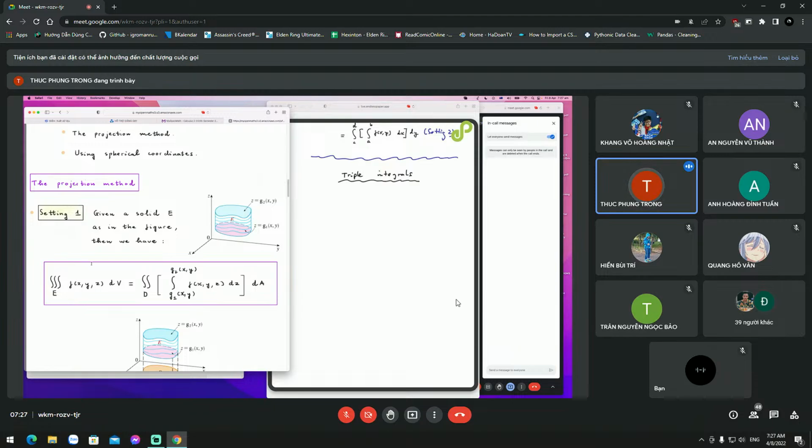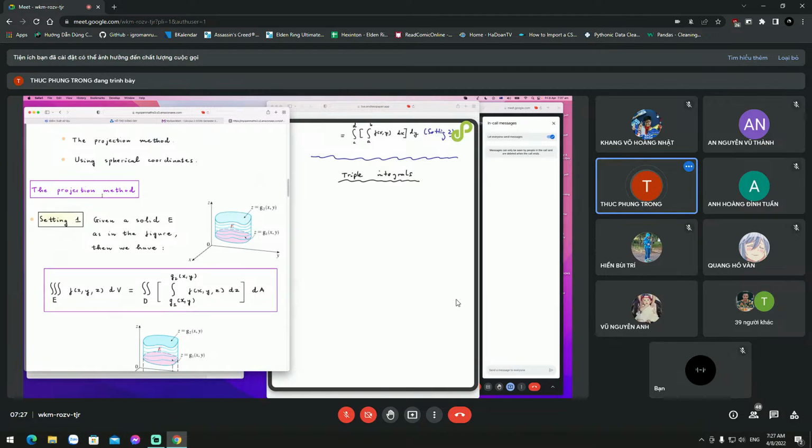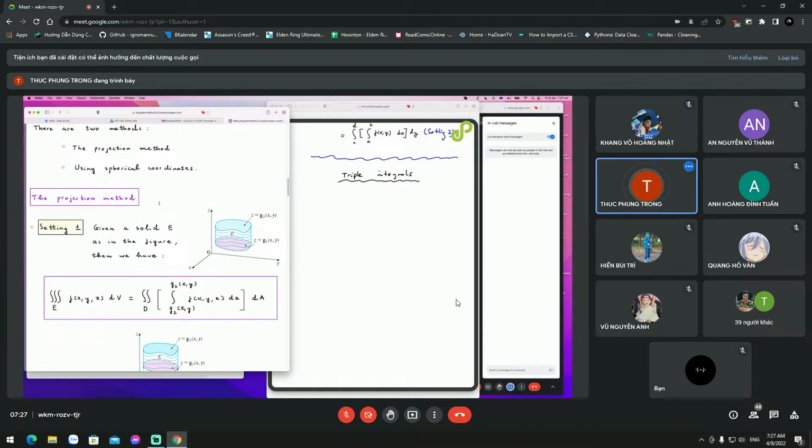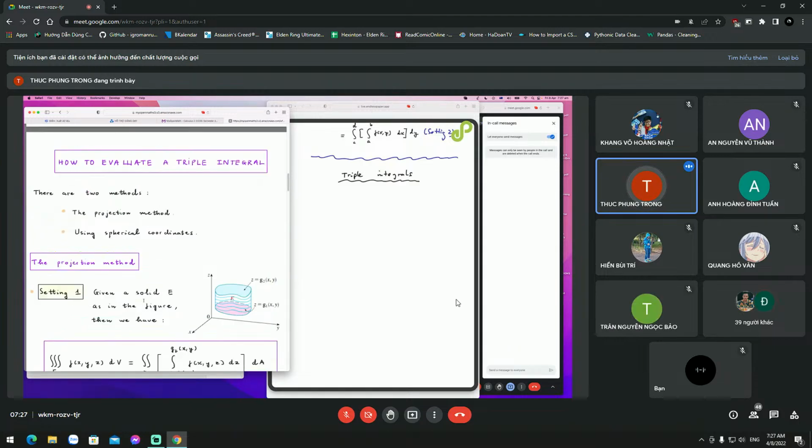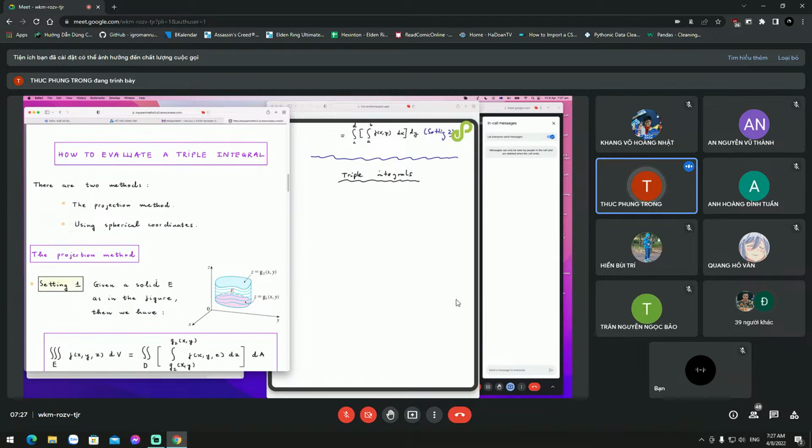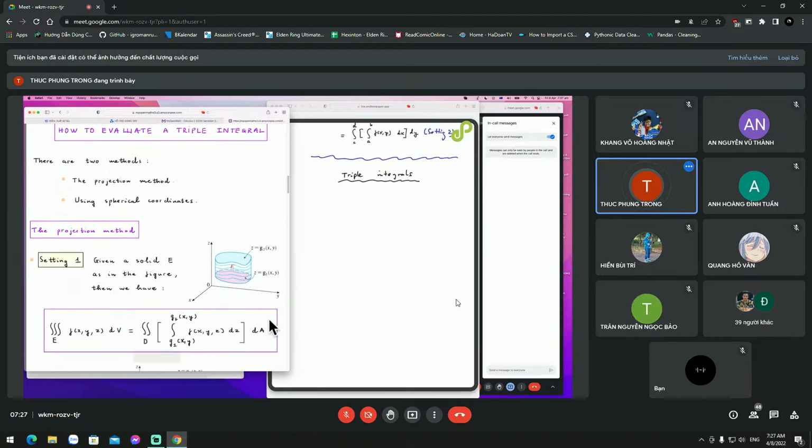And now we would like to evaluate the triple integral of the function f over the solid E. Now, the projection method tells you that we can get this by evaluating a very simple iterated integral like this one. However, first we need to determine which setting we have for the solid.